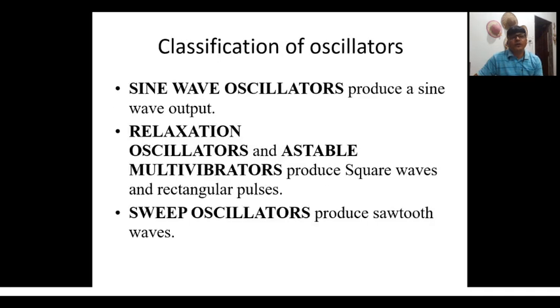Oscillators are classified on the basis of the types of signal they produce. Sine wave oscillators produce a sine wave output. Relaxation oscillators and astable multivibrators produce square waves and rectangular pulses. Sweep oscillators produce sawtooth waves.